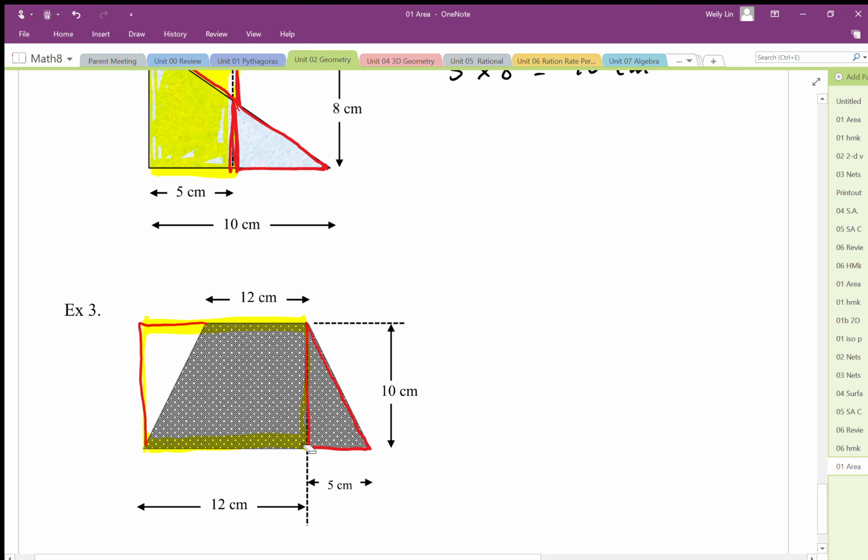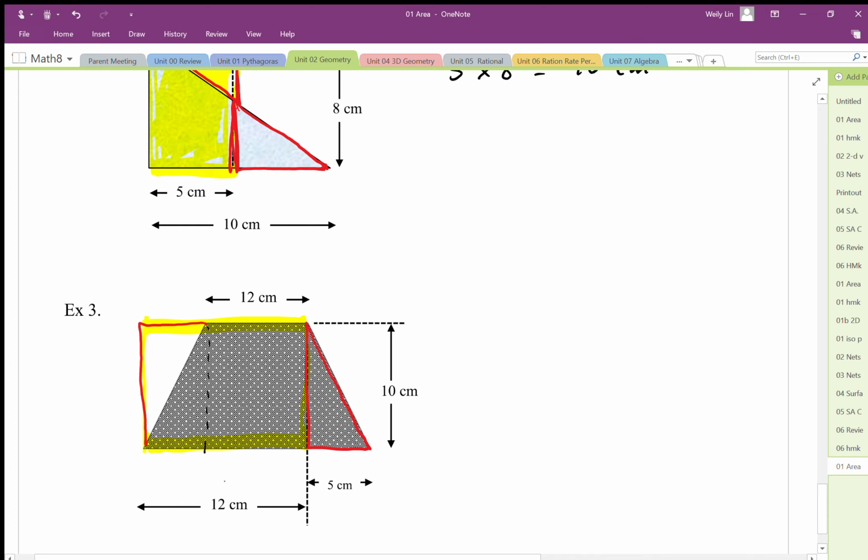And if this length here is 5, we can just shift everything over, and we end up with this length here of 12 plus 5, which is going to be half of the distance across. Okay, this is a little bit wrong here.